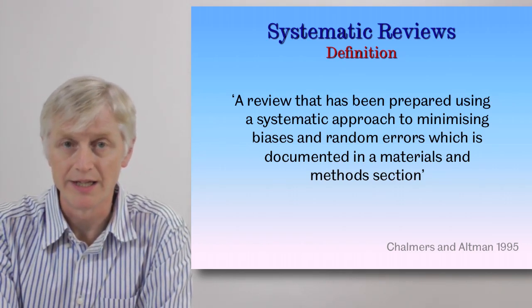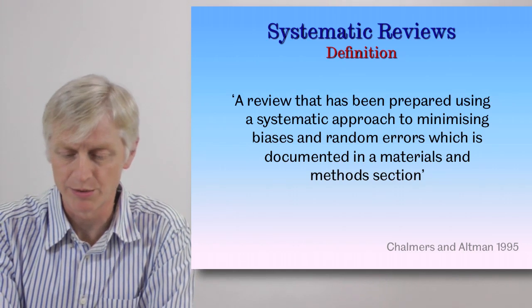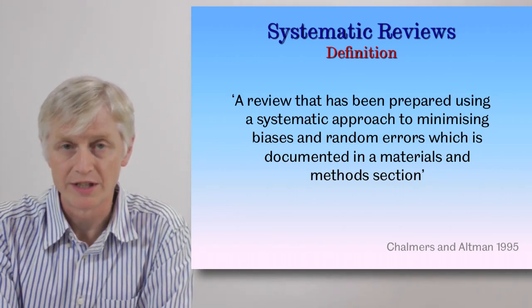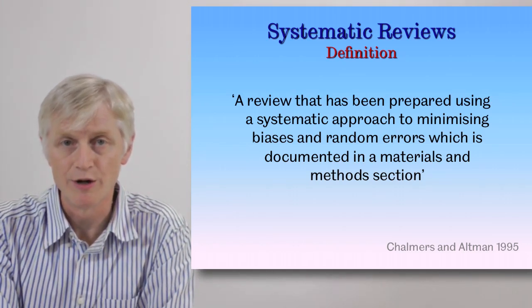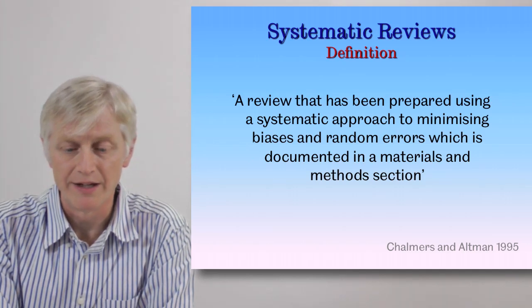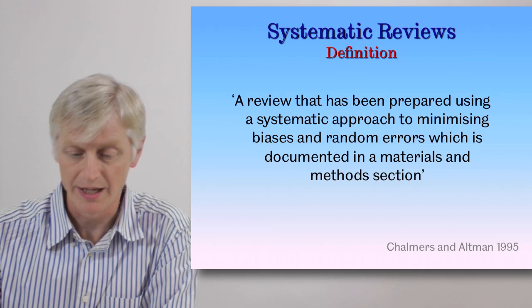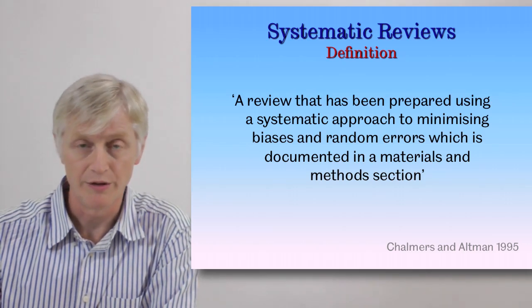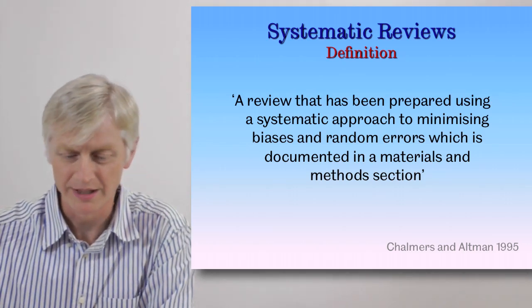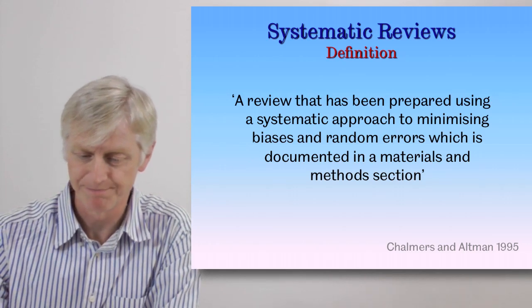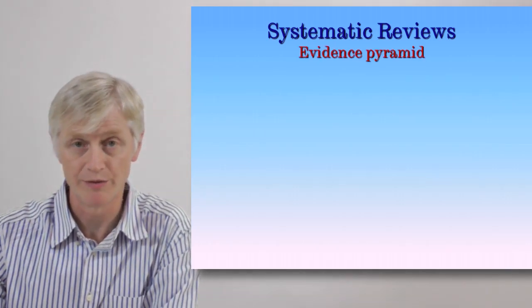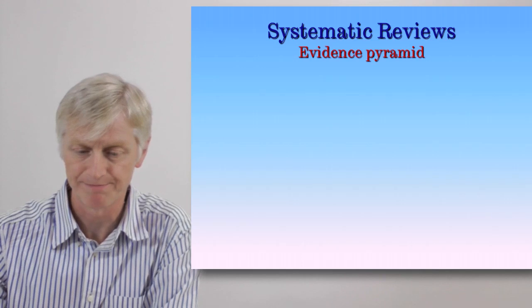So there was an inherent bias in that approach. The idea of a systematic review is that it is completely open and explicit, and you can see exactly how they have produced their review. You can criticize that if you like, but it is completely open and explicit. And it's to remove the element of bias.